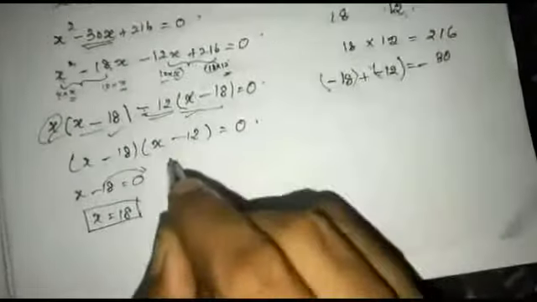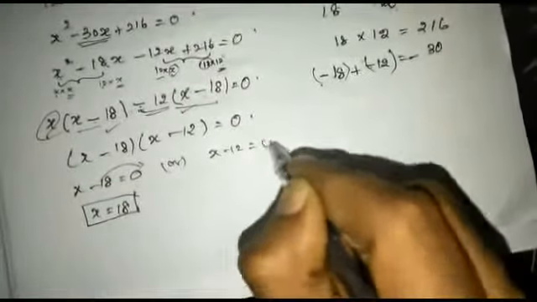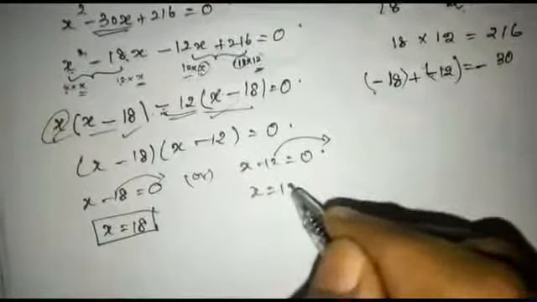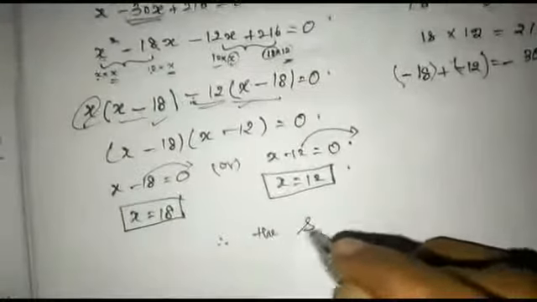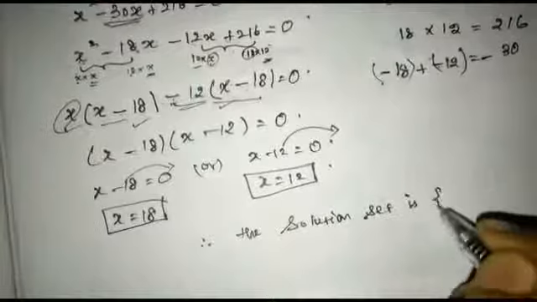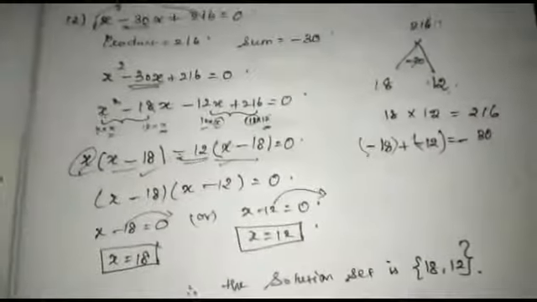So we found one answer. Again you have to equate the next factor to 0. Transpose 12 to the other side, minus 12 becomes plus 12. So now therefore the solution set is 18 and 12. Is it clear?